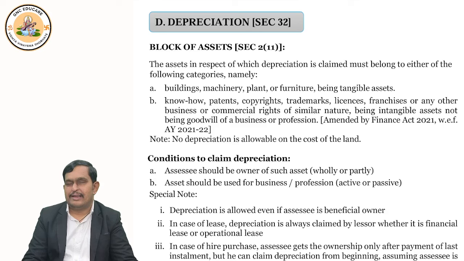For example, in accounting, how do you claim depreciation? You claim depreciation for each asset separately, correct? In accounting, you compute depreciation for each asset separately. But in income tax, depreciation is calculated not for each asset separately, but for a block of assets.